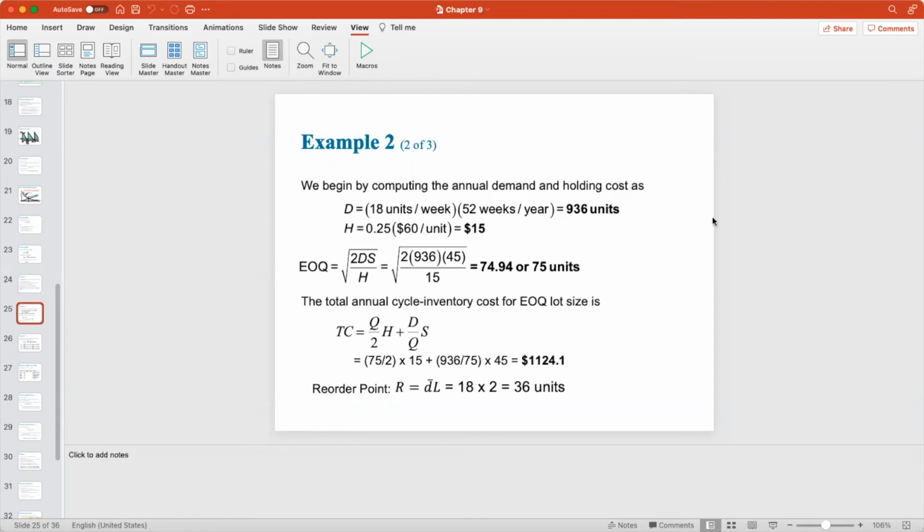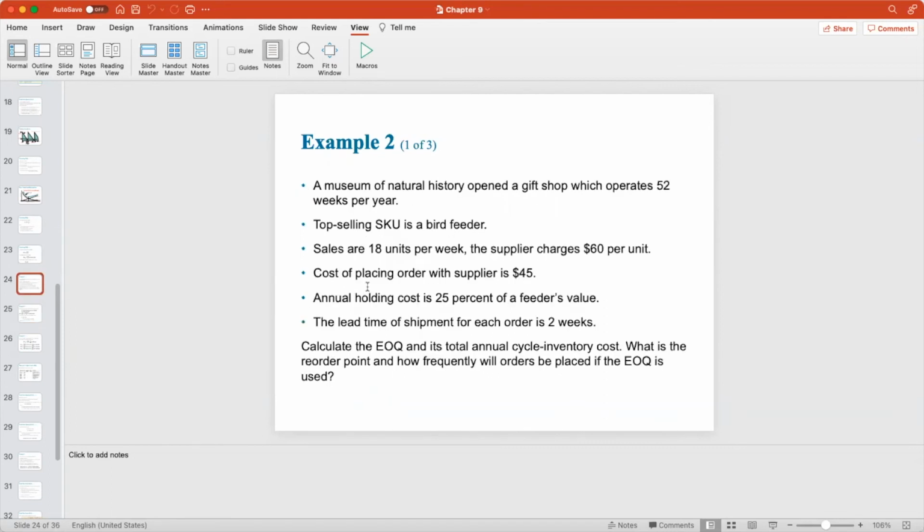So from this equation, you already know the annual market demand, 936 units. Now, D you already know. How about S? If you go back to the information context, you know that the cost of placing every order with the supplier is $45. So it directly tells you S equals 45. You don't need to worry about it.